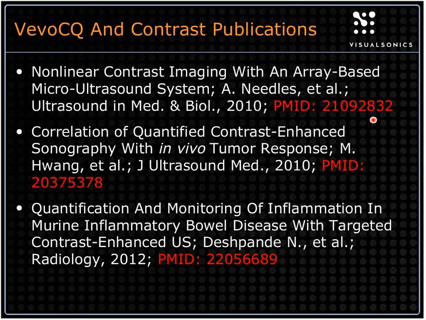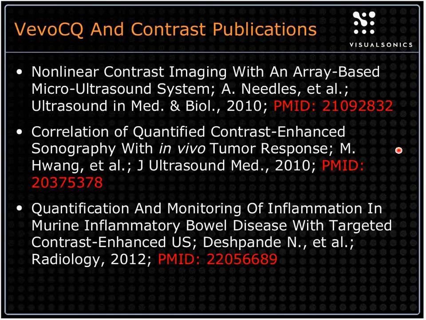The other 2 are nice examples of some of the work that's being done in nonlinear contrast imaging with the Vevo 2100 system. If you look on our website, on the customer portion of our website, if you don't have access, you can just request access. It's free and open to anybody to request. Have a look on there. There is a searchable database of papers that have been published that reference or use the system.